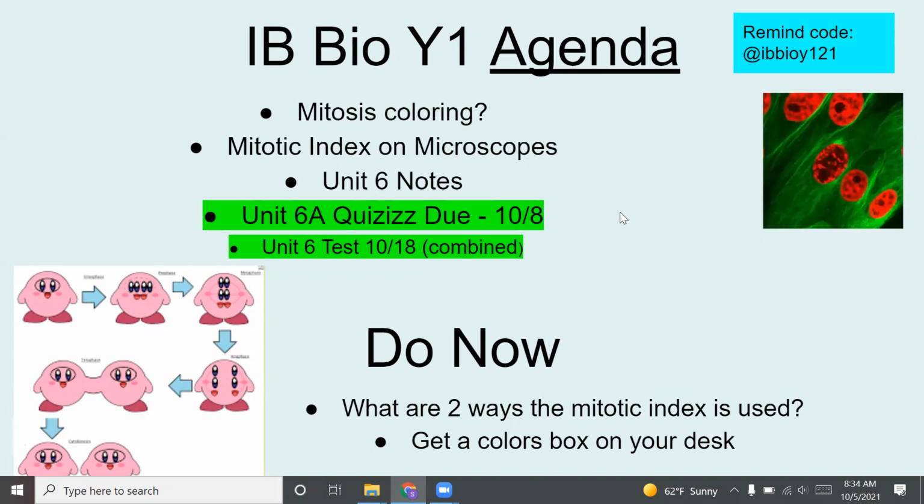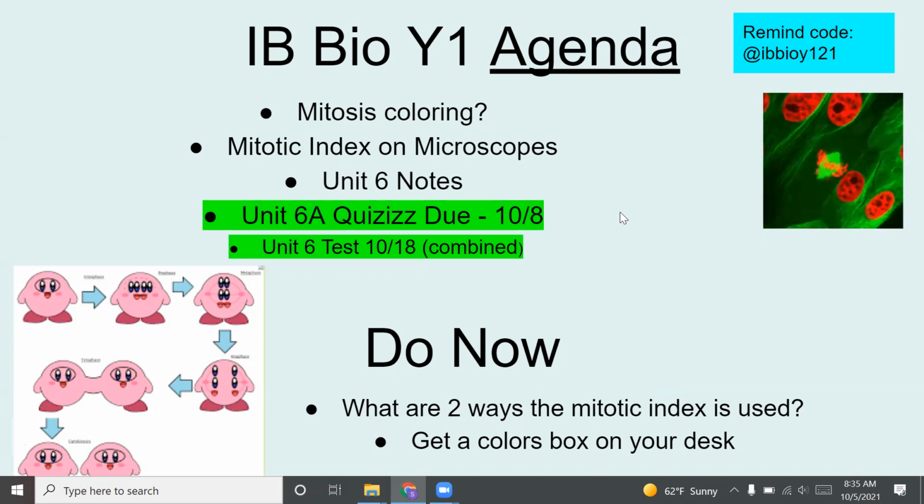For the microscopes, remember your microscope techniques. Always start on low magnification, get focused, and go up from there. When you're calculating your mitotic index, you can just look at what's in your field of view, so you don't have to move it around and get the whole onion root tip.